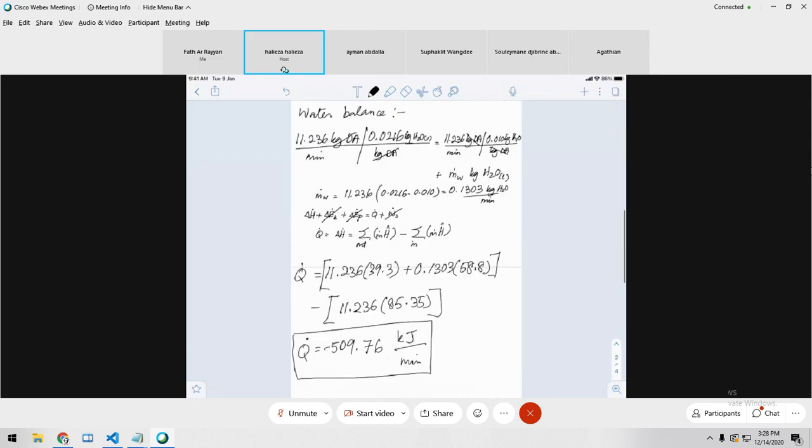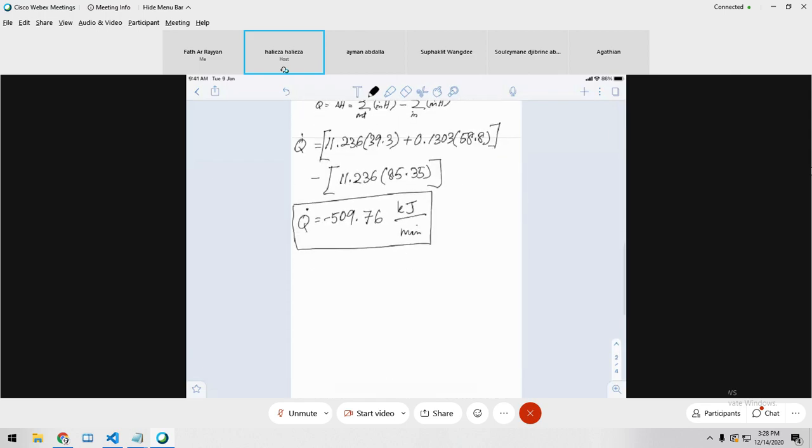We got 509. So not bad. It's just a slight difference due to the enthalpy that we read off from the chart. It's just by visual. You estimate it by visual, so there's no way everybody is going to get the same value.